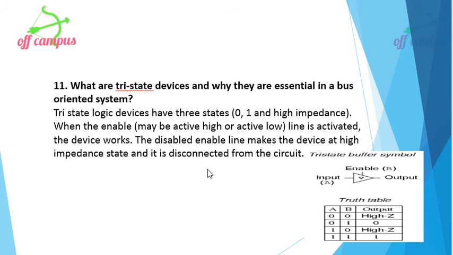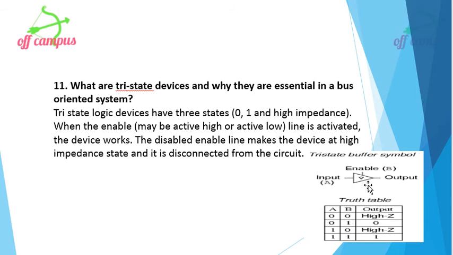So we'll see the truth table. This is a tri-state buffer symbol. Whenever the enable line should be active, that active may be high or low. Here, when it is given as logic 1, the enable line is active.